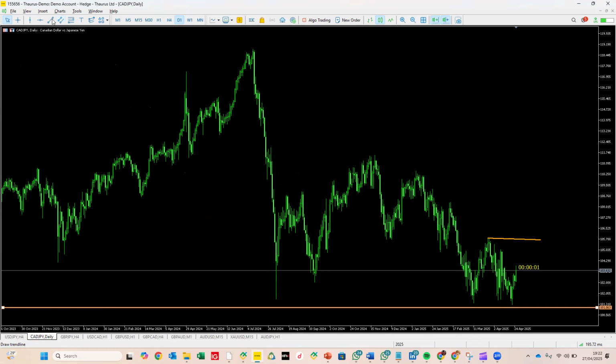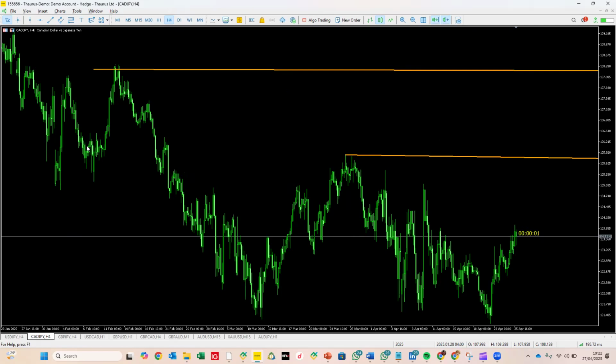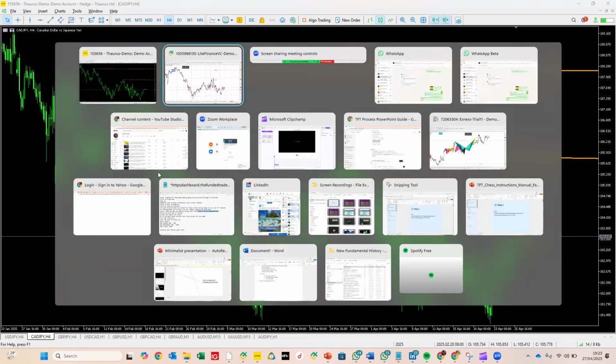And then the highest that price may most likely do is to get to this point. But I feel that anytime yen is strong, you're going to be having price flushing all the way down. And then when yen is weak and CAD is strong, you're going to have price coming all the way to this point. Those are the two possibilities that we'll be having as far as CAD JPY is concerned for this week.